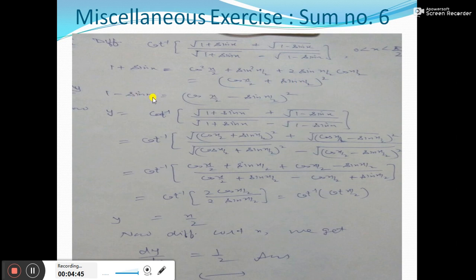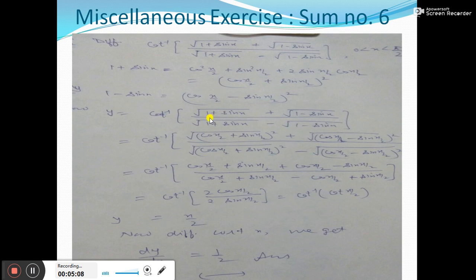And for 1 minus sin x, the same process, we get cos x by 2 minus sin x by 2 whole square. Then y is equal to cotangent inverse of this.